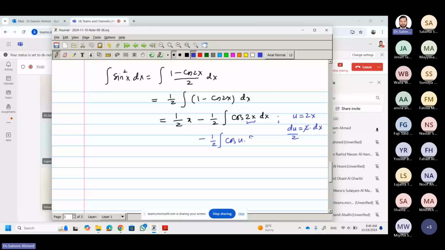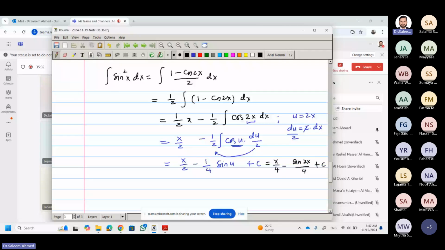So I have x by 2 minus, this 2 will come out, and it will become 1 by 4, and the integral of cos u is sine u plus c. Agree? Now you can replace your u back. So you get x by 2 minus sine 2x by 4 plus c. So that's how you can do sine square.